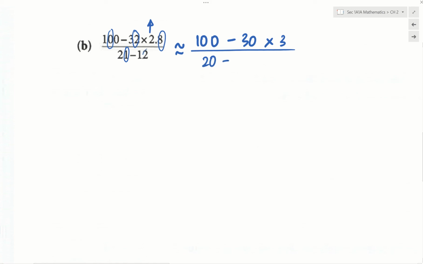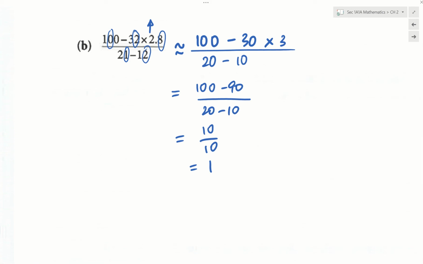Circle. 10. 100 minus 90. Over 20 minus 10. 10 over 10. 1. Okay, how many of you got it correct by yourself? Okay, about half the class only. Thank you. Put your hands down. 10 over 10, answer 1.